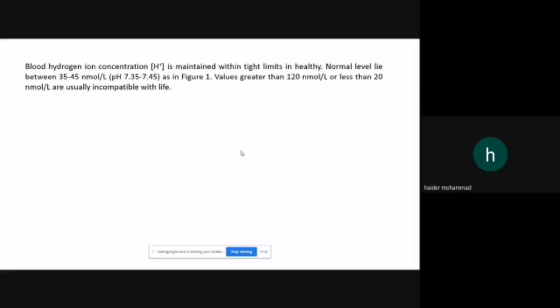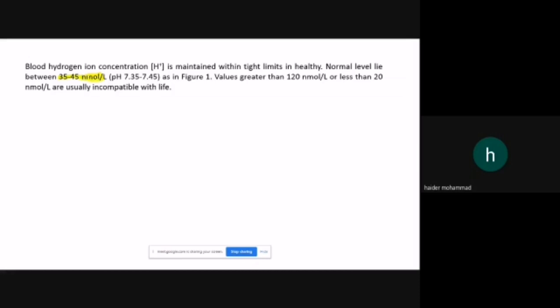Therefore, we have to know firstly that the normal level for the hydrogen ion concentration is 35 to 45 nanomole.